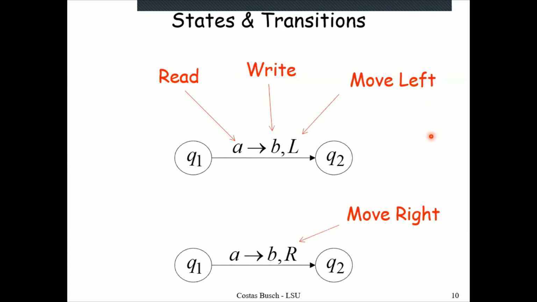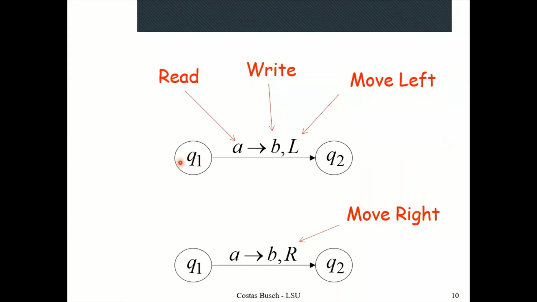Second thing, what is the symbol to be read. And the third thing is what is the symbol to be written. And then the fourth thing is whether the head has to move towards the left hand side or towards the right hand side. This reading and knowing the previous active state happens as an input.